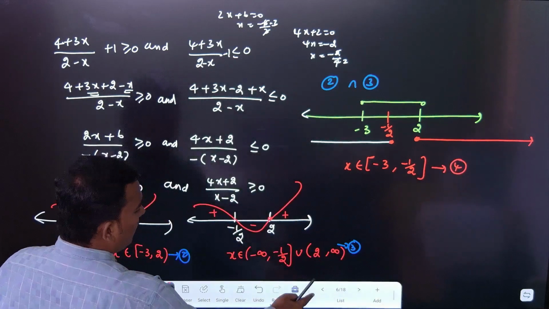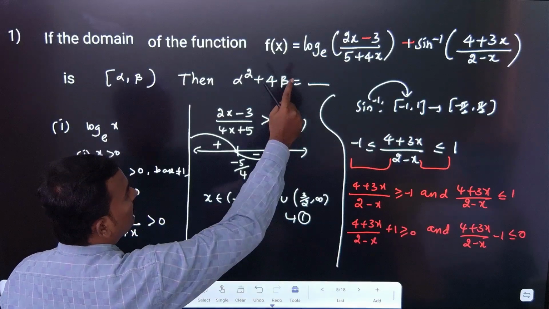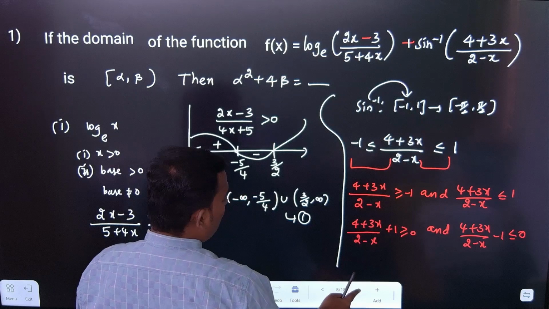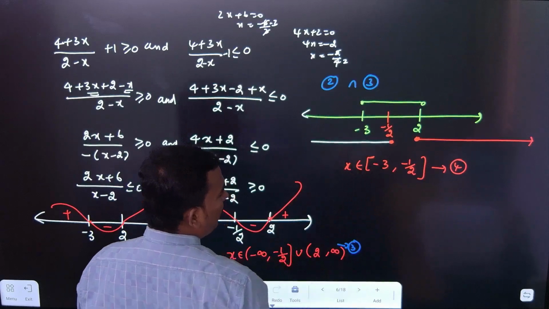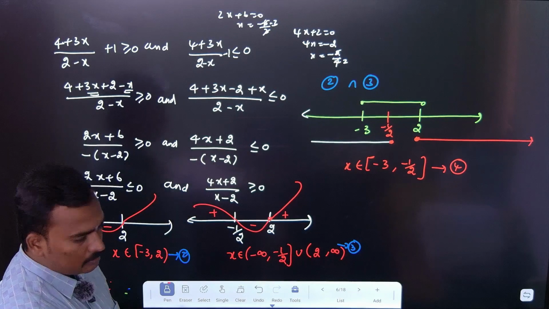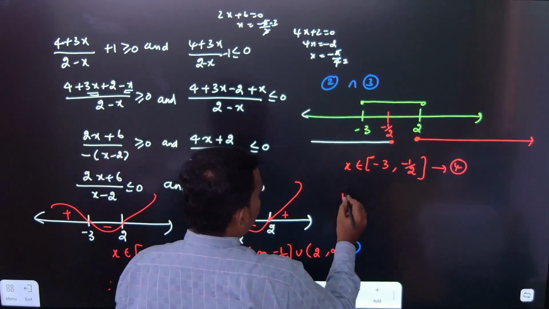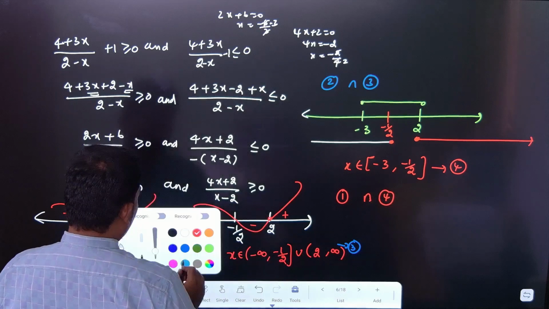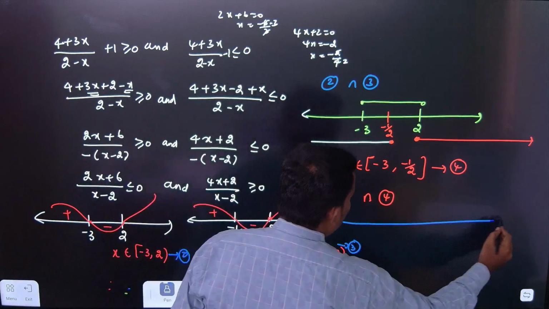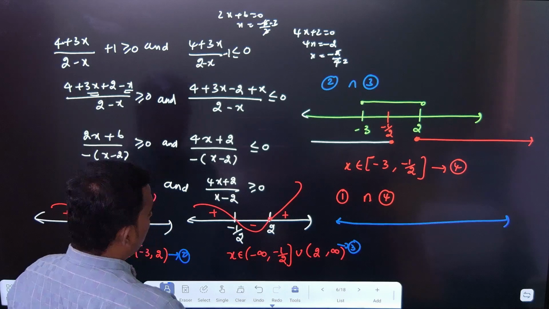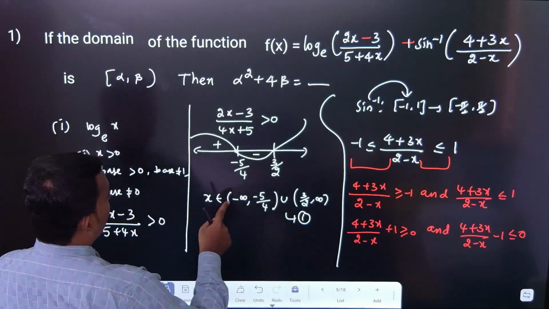Now, you can see the first function is logarithm. That is the first equation. Second one, the domain is what? Minus 3 to minus 1 by 2. Now you have to take the intersection of 1 with the 4. Let me take another color. You can see here the first one. What is the first one here?